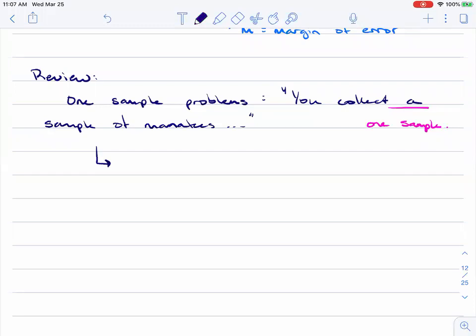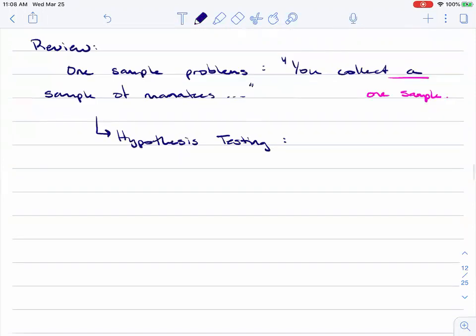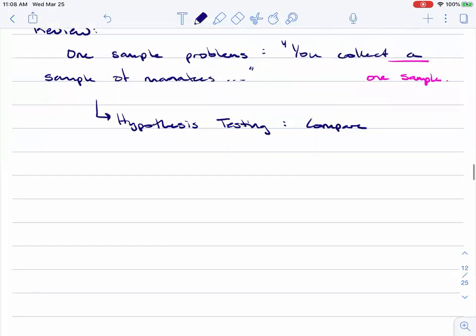So we do hypothesis testing, where we compare the sample mean to a value, the hypothesized mean.